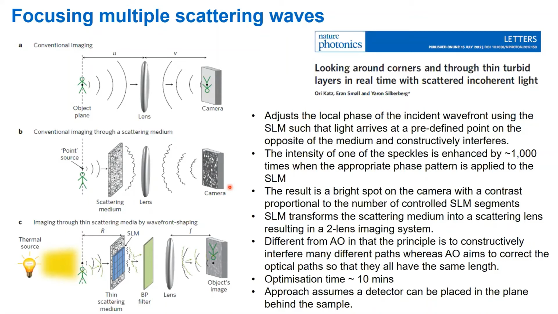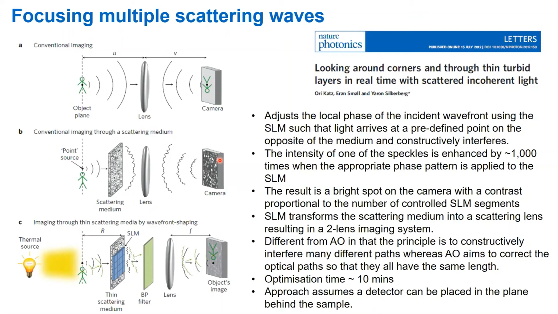The intensity of one of these speckles by this kind of technique can be enhanced up to about 100 times. So that's basically making all these speckle points interfere at a point within your camera when the appropriate phase pattern is applied. And the result is a bright spot on the camera with a contrast proportional to the number of controlled elements on your spatial light modulator.